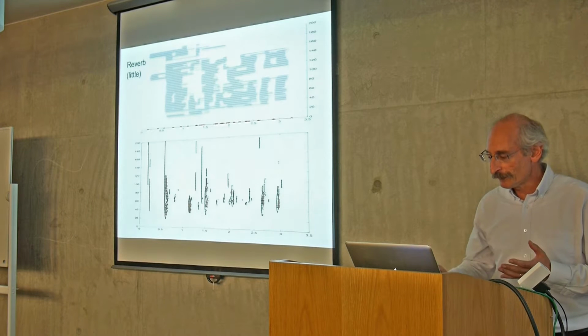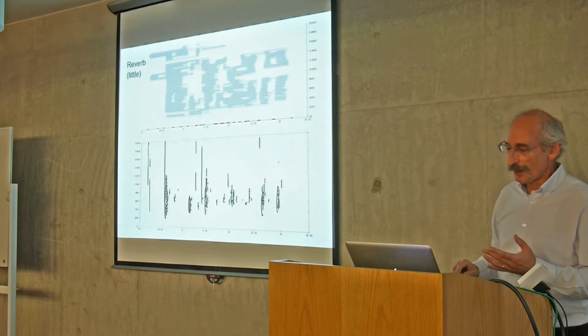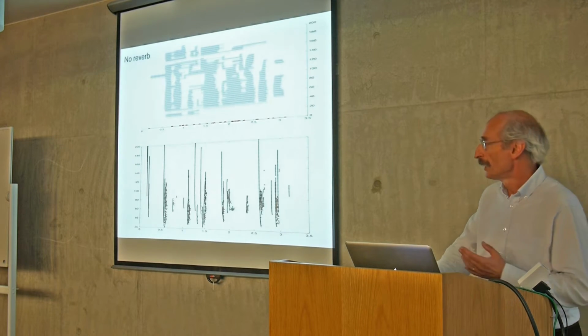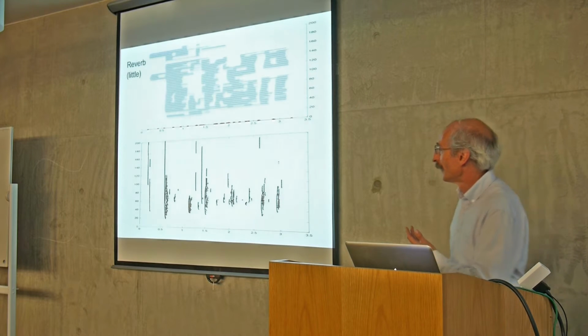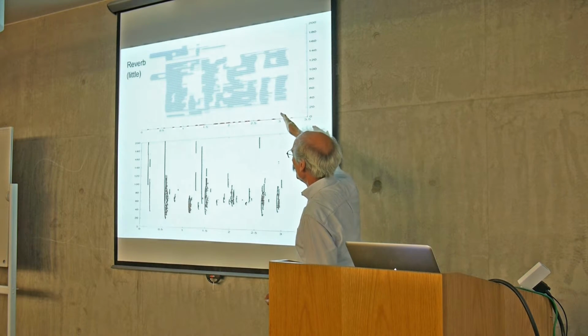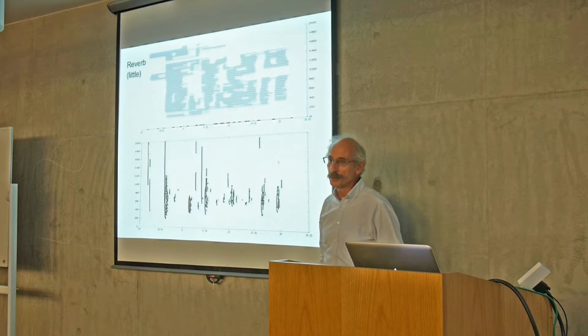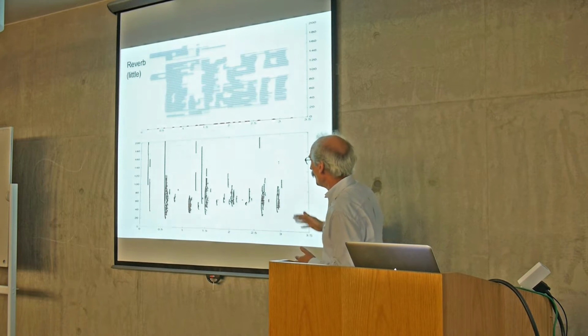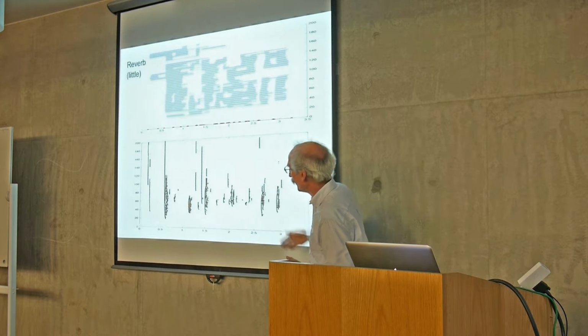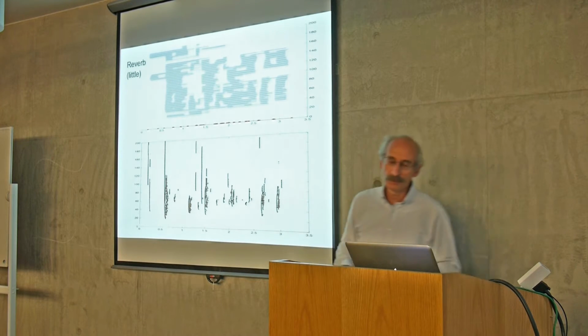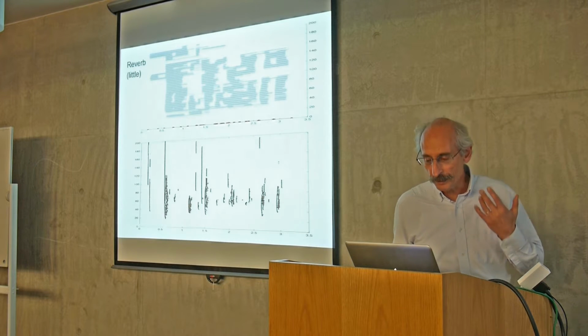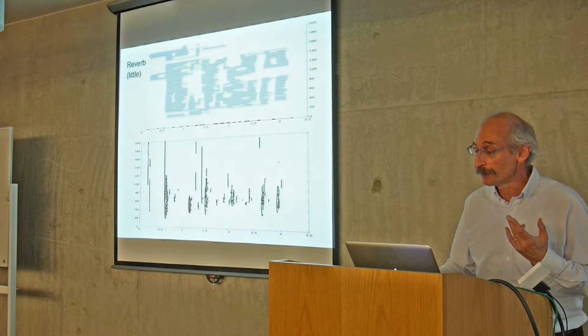If we add a little reverberation, you start to see that you get some smearing. The segmentation doesn't work as well because the segmentation is listening to the whole signal with the reverberation. The onsets don't work quite as well either, but they still work. The other onsets don't work quite as well, but they work reasonably well.